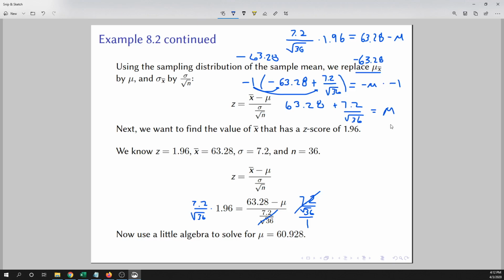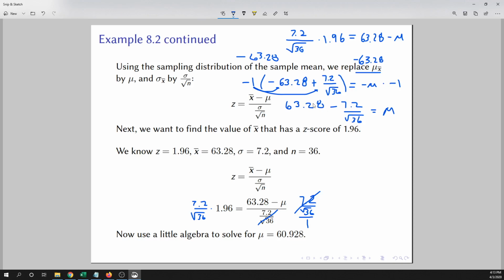Okay. So that's what we would get right here when we solve for mu. So, sorry, not plus, right? But minus right here, sorry. Because when you distribute the negative 1, this is positive, and that changes that to negative, okay?